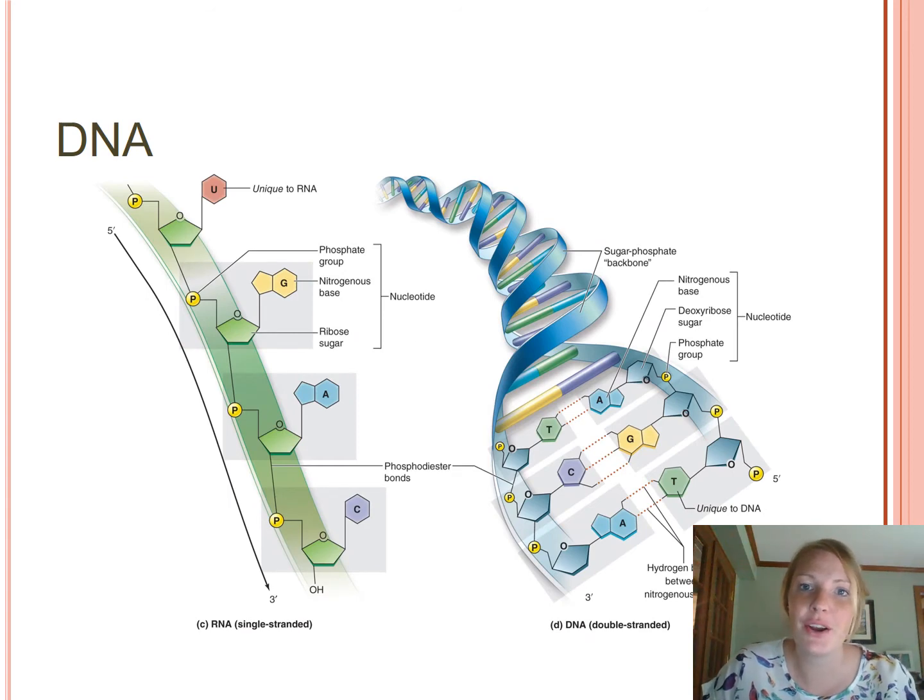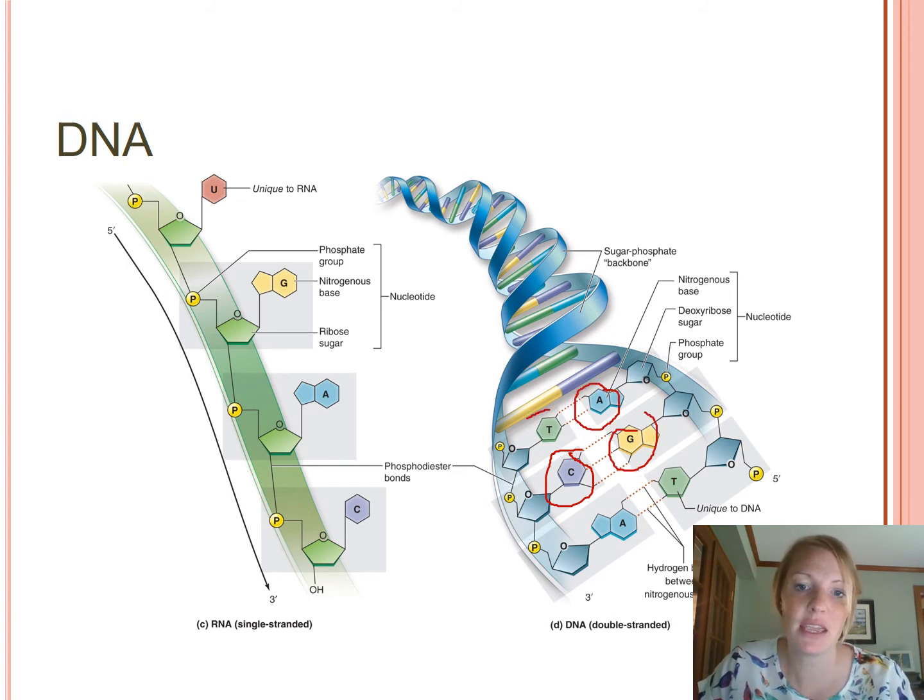Here is a picture of our double-stranded helix, which is our DNA, and the pairing of the nucleotides together. Here you can see C and G going together, A and T. And really, what makes all the DNA different or have a message is the order of these.